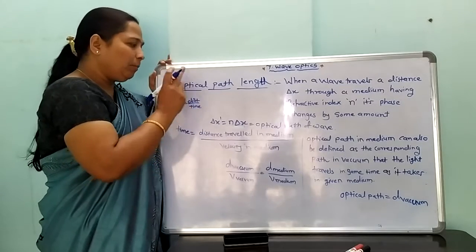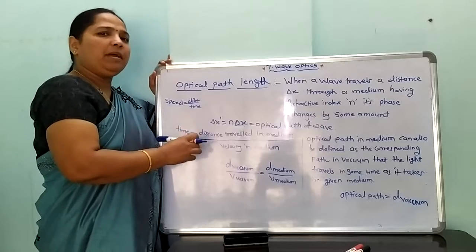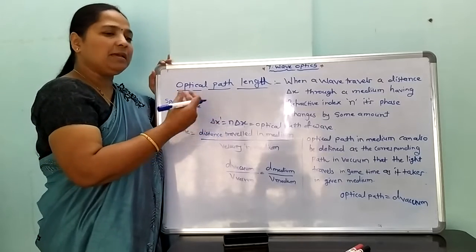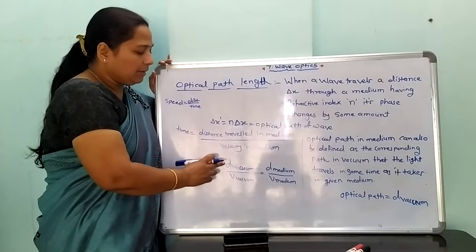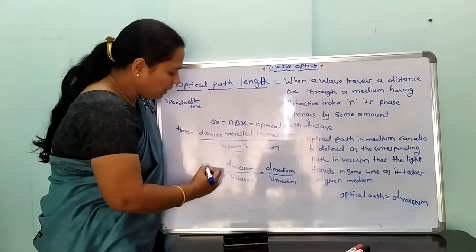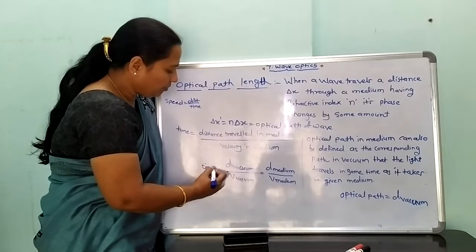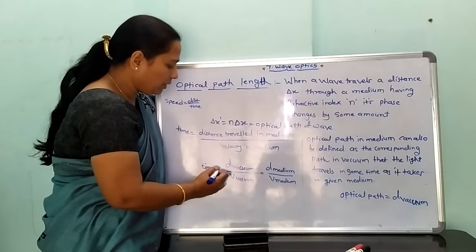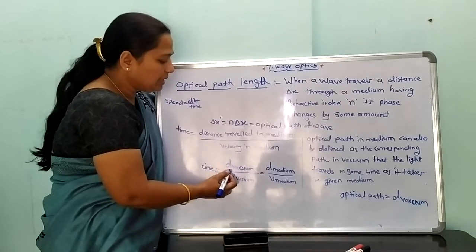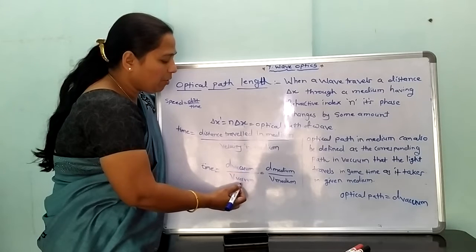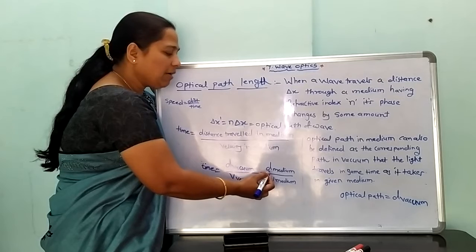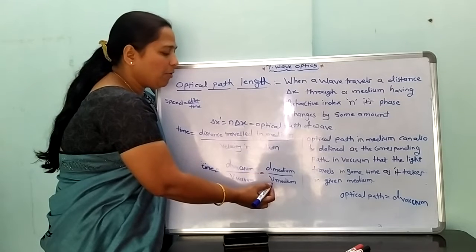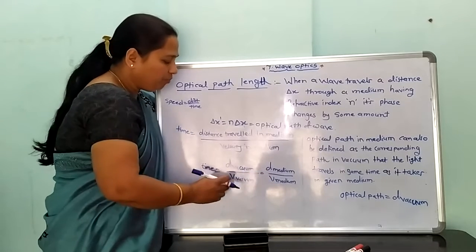First consider a vacuum medium, and the other is any medium. The time required to cover the distance is the same for both media. Therefore, time is equal to distance covered in vacuum upon velocity in vacuum, and distance travelled in any medium upon velocity in that medium.